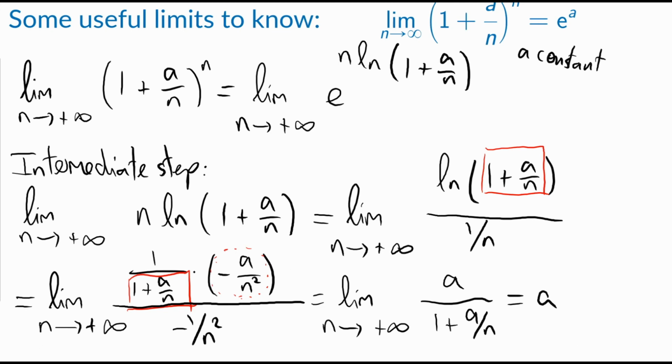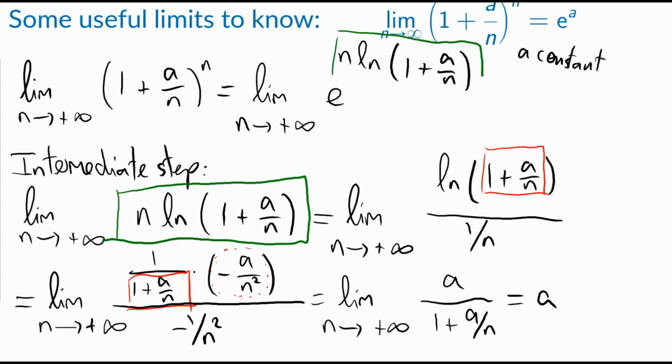Now this was an intermediate step. This thing that I've put in a box was what we got from that exponent up there. So what we're going to do now is we're going to sub that back in.